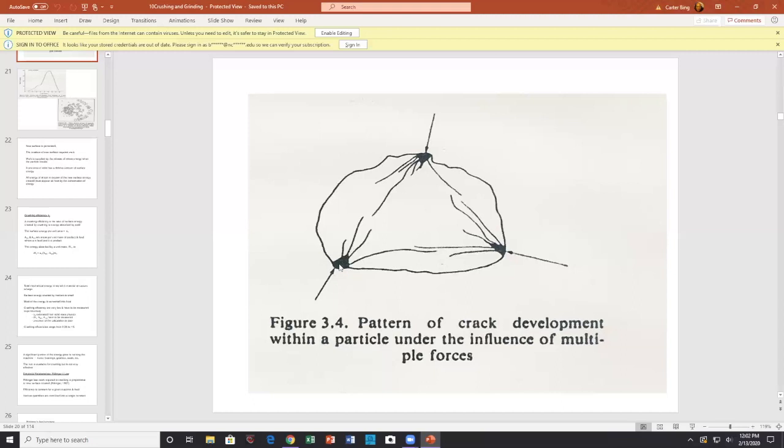So what was interesting is that, for example, in hammer mills, the sharper the blade, the smaller the contact point, and the fewer fines that are produced. The duller the hammer, the larger the contact points, so the more fines are produced.